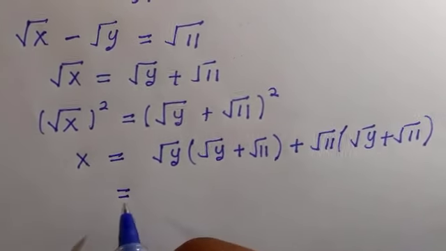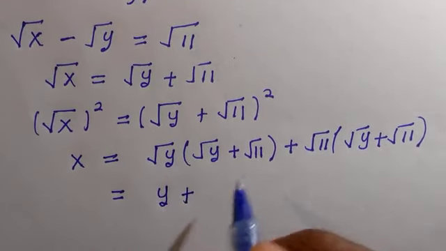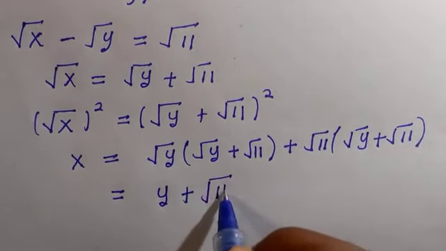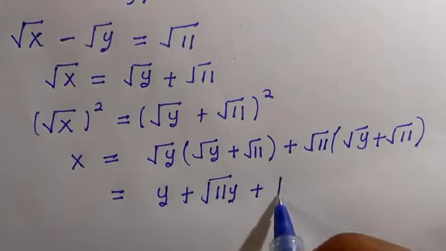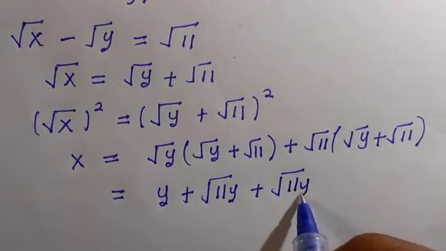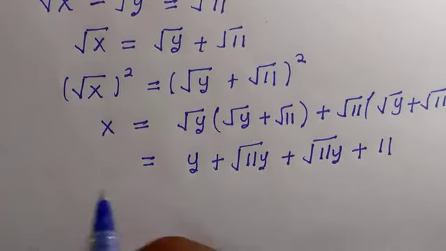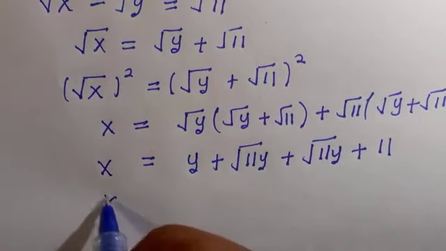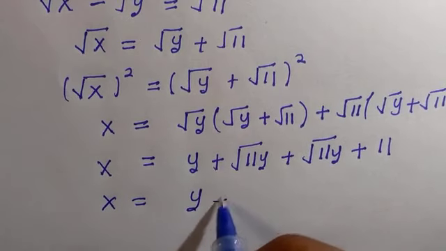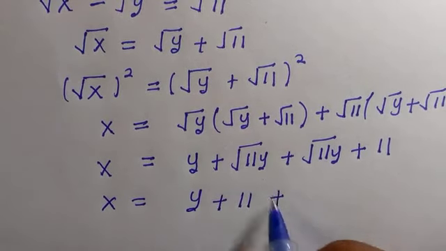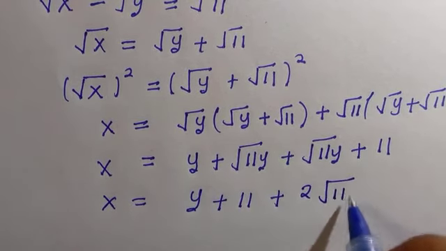Then this equals root y multiplied by root y, that is y, plus root 11y, plus root 11y, plus 11, and all this equals x. Therefore, combining y and 11 together, x equals y plus 11 plus, since these are the same, 2 root 11y.